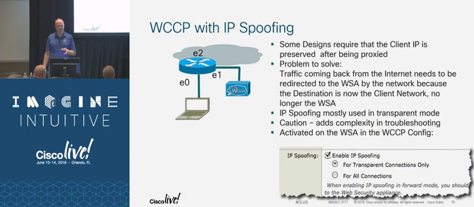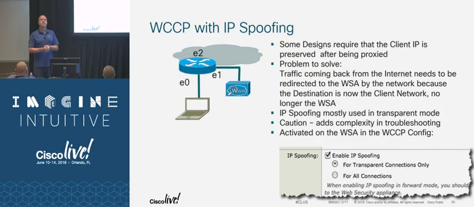So we talk about IP spoofing. What'll happen, it's mostly in transparent mode, and this is where you want to keep the client IP address the same. So when it goes out, by default, the WSA is going to NAT the transactions. All the transactions outbound are going to look like they're sourcing from the WSA IP address.